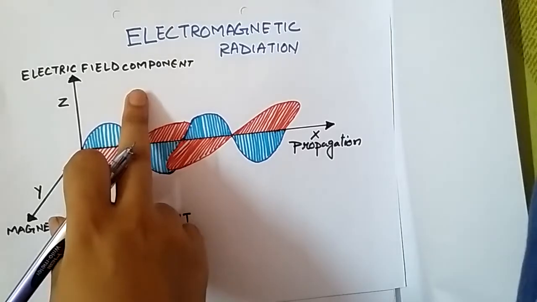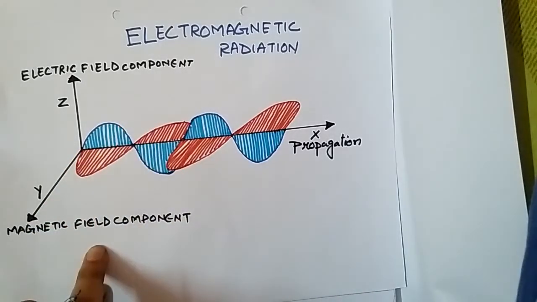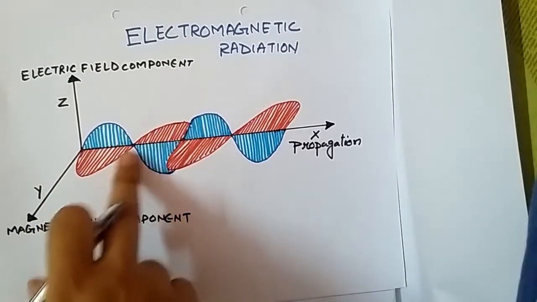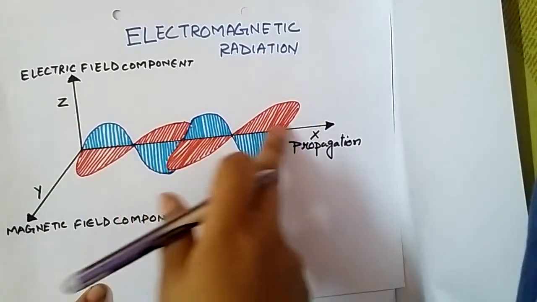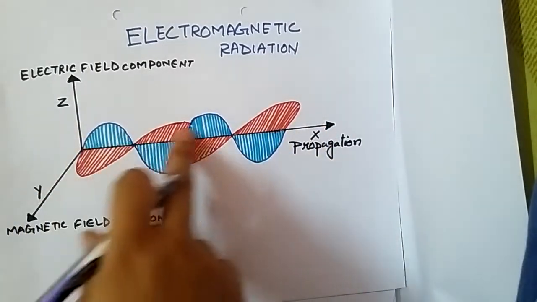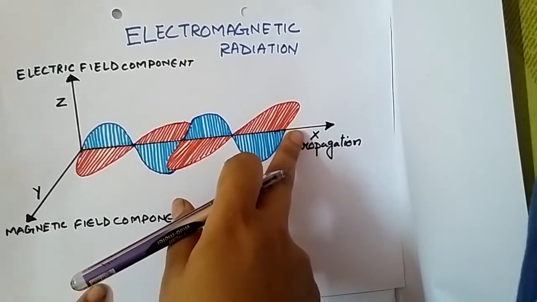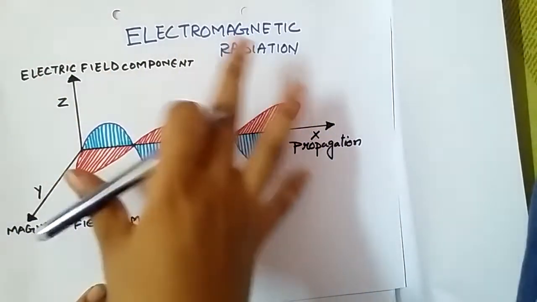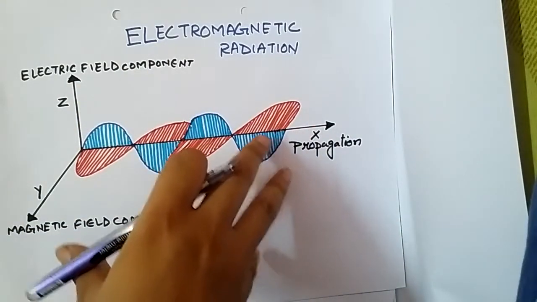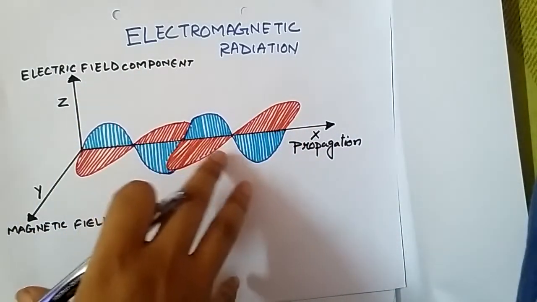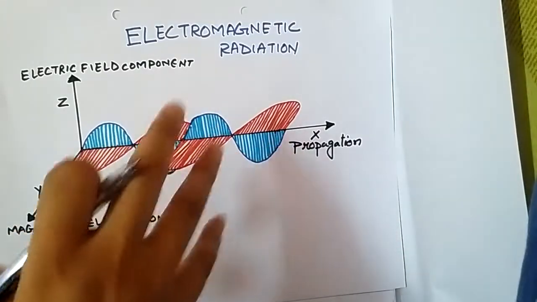So this electric field component and magnetic field component are mutually perpendicular to each other and perpendicular to the direction of propagation of the waves, or the radiation. So this is what he called electromagnetic radiation, or in simple words you can call it electromagnetic wave.